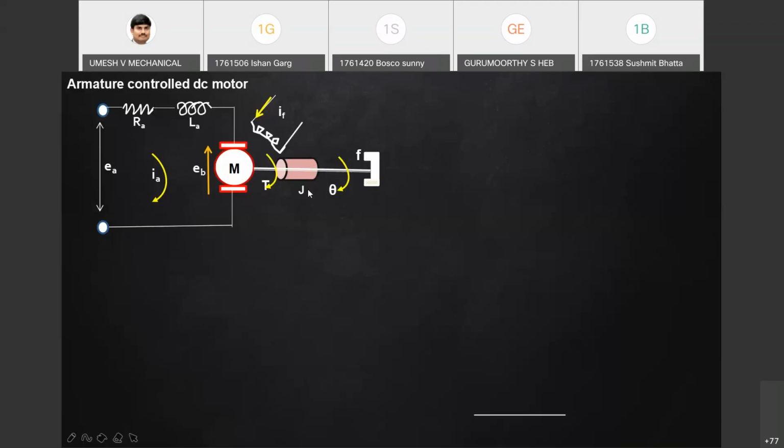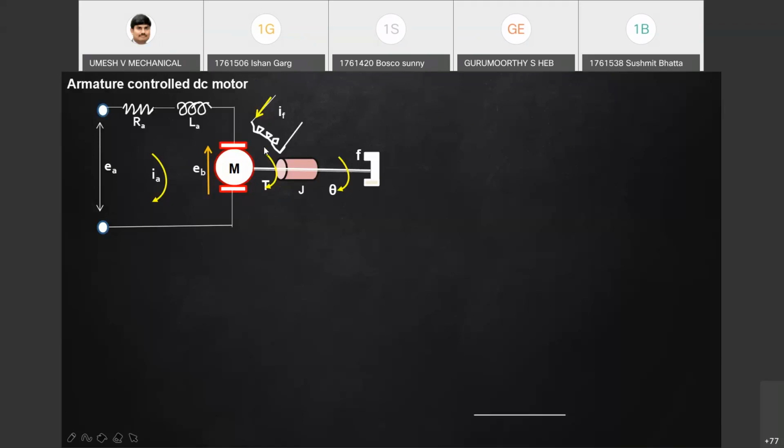Instead, J theta double dot will come. Then instead of the applied force, we talk about applied torque because it is angular, causing a displacement theta here, rotational instead of x. And a damping is also shown. Damping coefficient is taken as small f. f theta dot is the damping force.